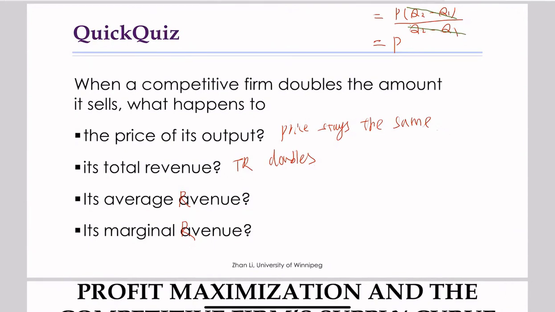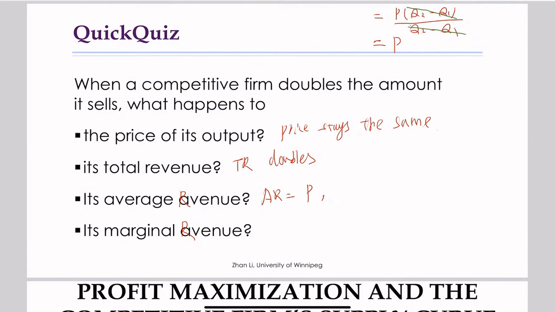Because we know that in this competitive market, average revenue equals price. So in this case, you can see that if price stays the same, then average revenue should also stay the same.